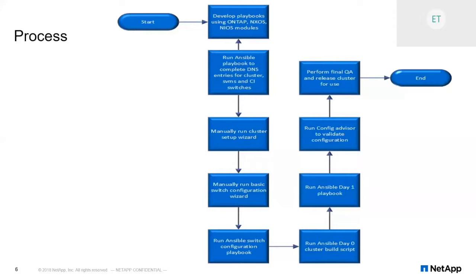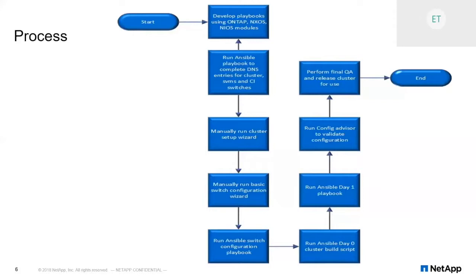Next, the hardware's been racked and cabled. This is where day zero really starts. I have to manually run the cluster setup wizard. The reason for this is that in NetApp IT, and probably within most IT organizations, we're not going to run DHCP for clusters and servers, because we want a static IP address, something that we can always reference and know exactly what it's going to be at all times.